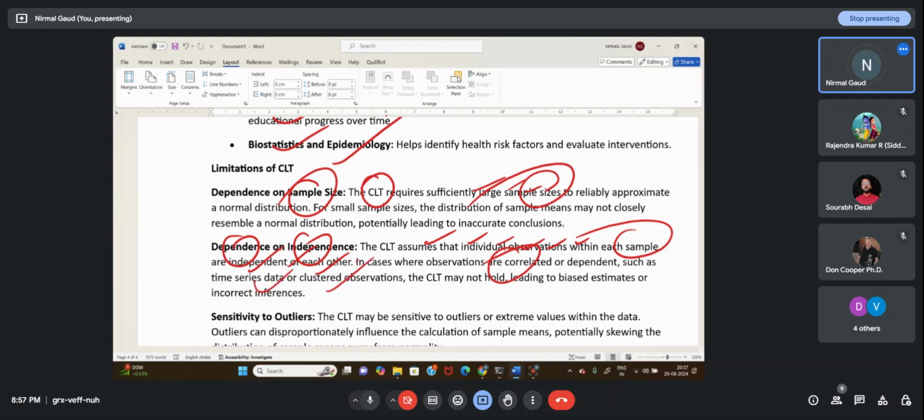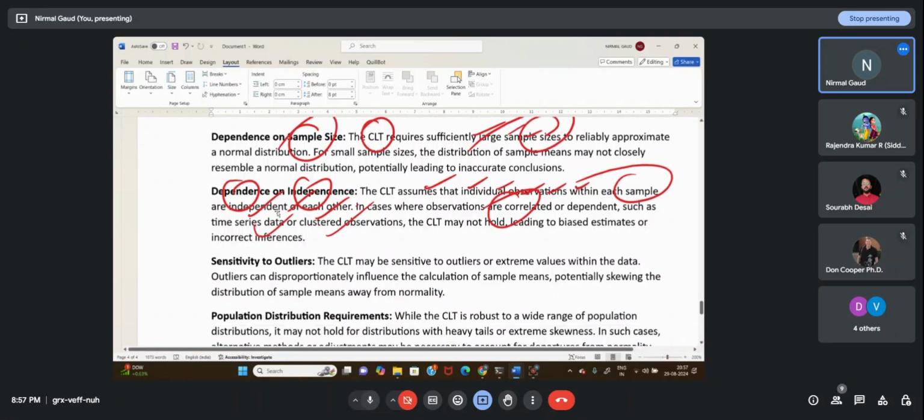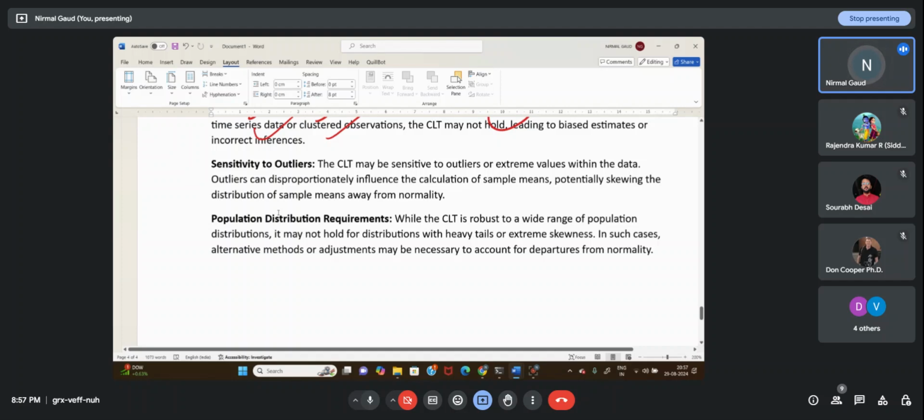There could be a dependency. It is also sensitive to outliers. If we have extreme values, outliers, they will influence the calculation of the mean. Then you will not tend to normal, and every time you will see deviation and skewness in the data. So it is sensitive to outliers.